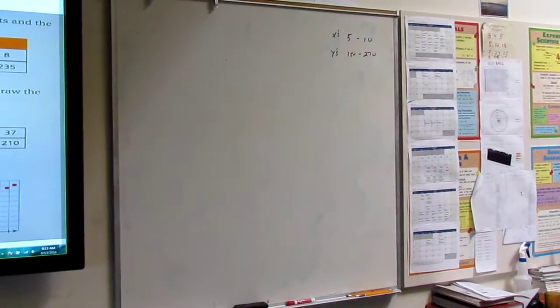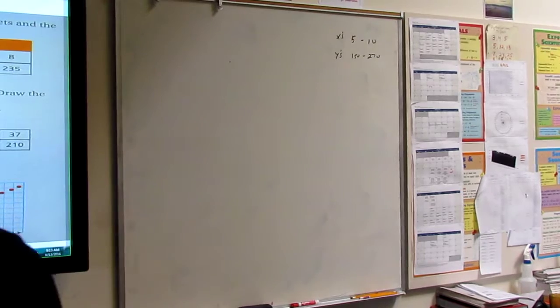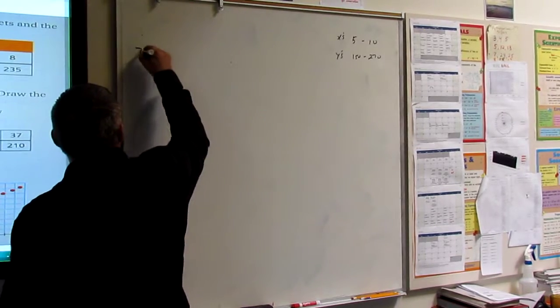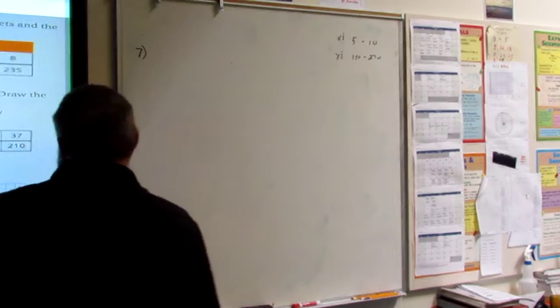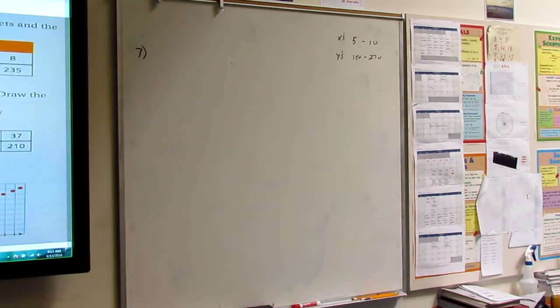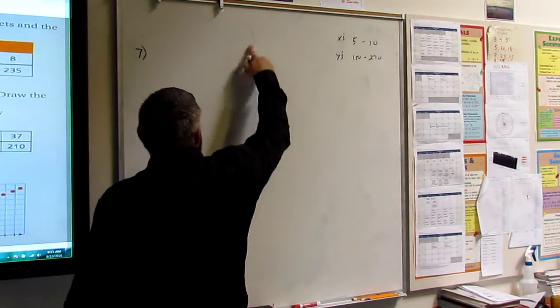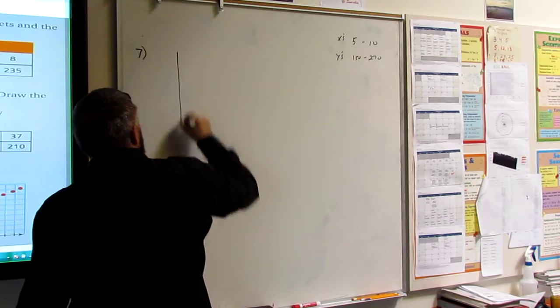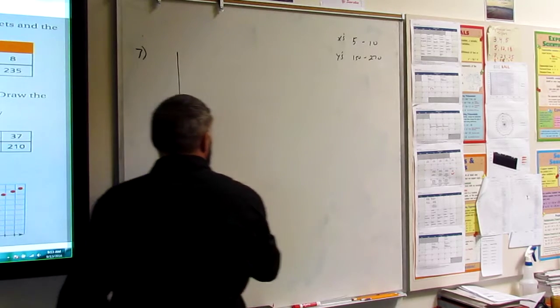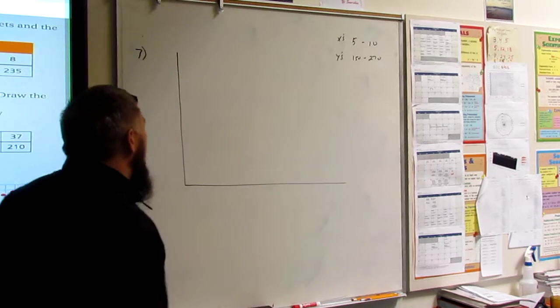All right, so number 7. What we're going to do is ask the first question, scatter plot, right? We're going to form a scatter plot. A scatter plot looks like so.